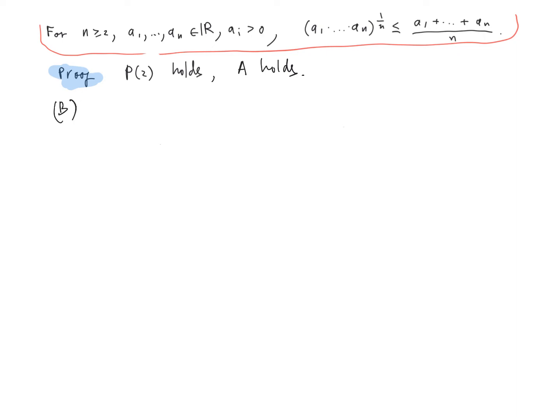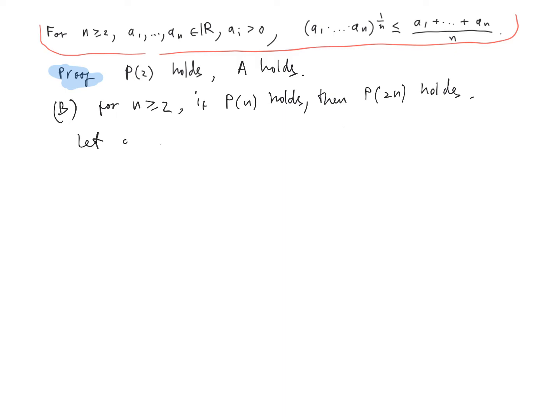Recall that B says that for n greater or equal to a natural number, if P of n holds, then P of 2n also holds. So let's show this implication.